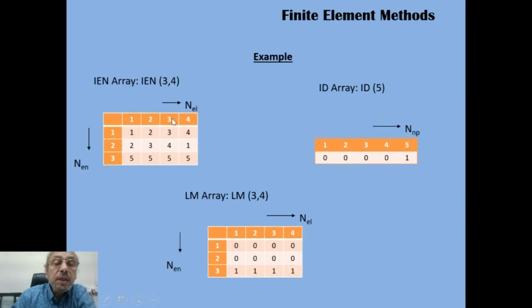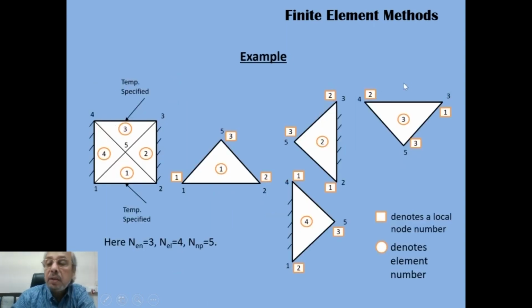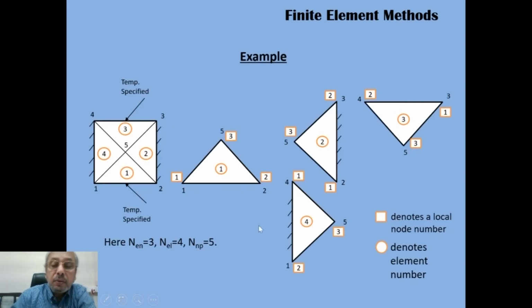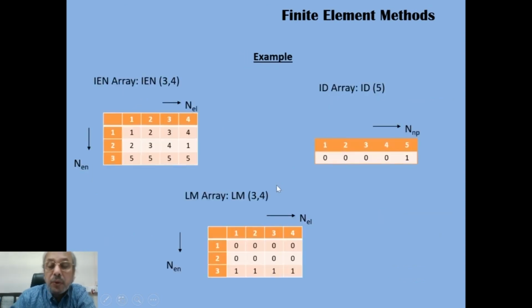Element 3, its local node number 1. Let us look at it. Element 3, local node number 1, but its global node number is 3. So here the entry will be 3. Similarly, element 4, its local node number 1 is this node, but this node is globally number 4.